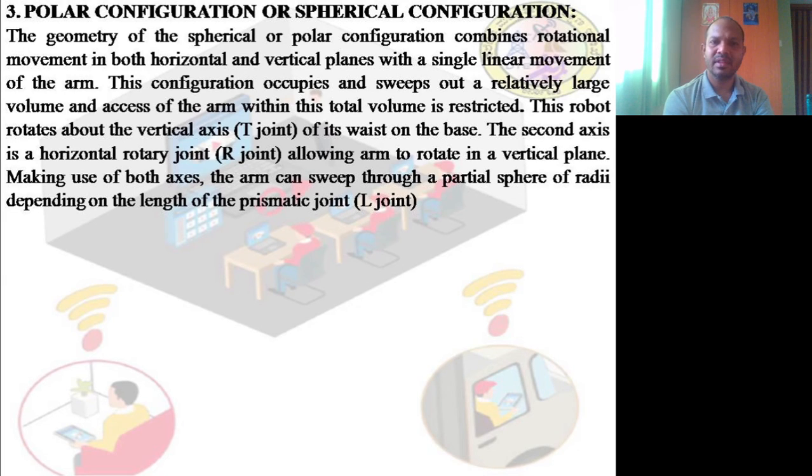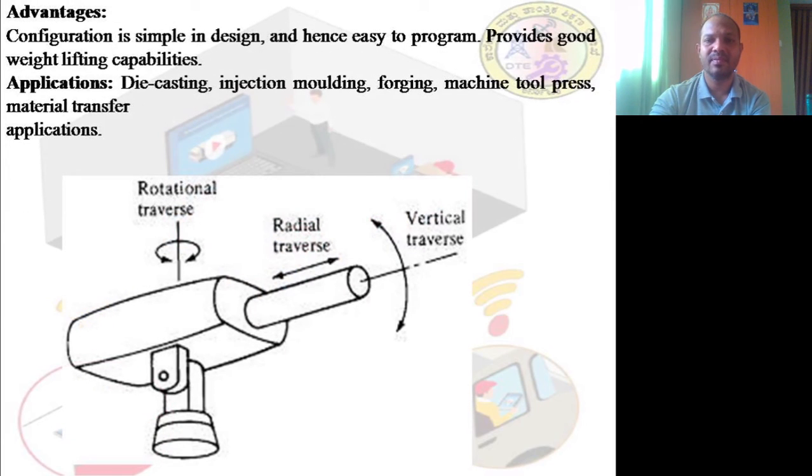The first is a T-joint, that is translatory motion or twist on the base, and the second axis is a horizontal rotary joint, allowing the arm to rotate in a vertical plane. Making use of both axes, the arm can sweep through a partial sphere of radii depending on the length of prismatic joint L.